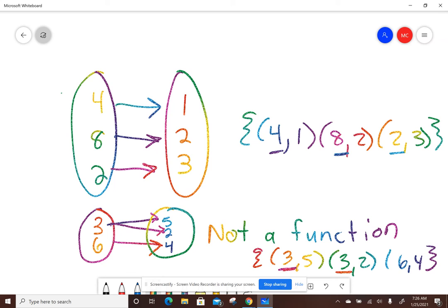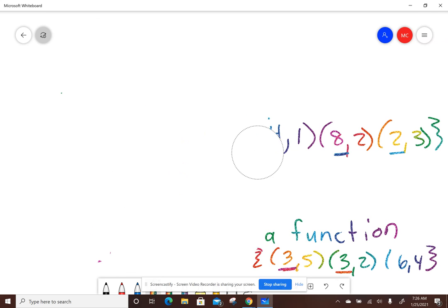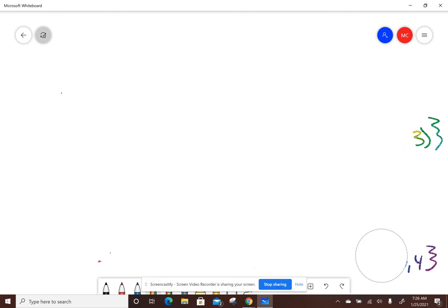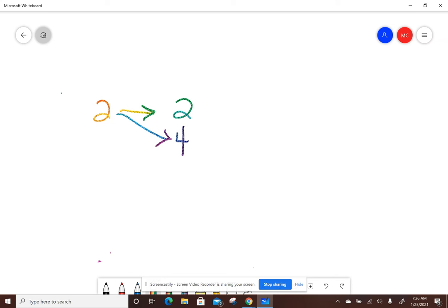Okay, now let's look at the next one. They give us a table, and if you look at that, this is not a function. It's not a function because 2 maps to 2, but then 2 also maps to 4. So the 2 repeats, and it's mapping to 2 different y's. So that's not a function.